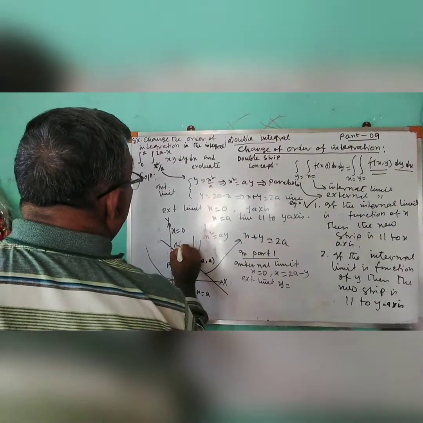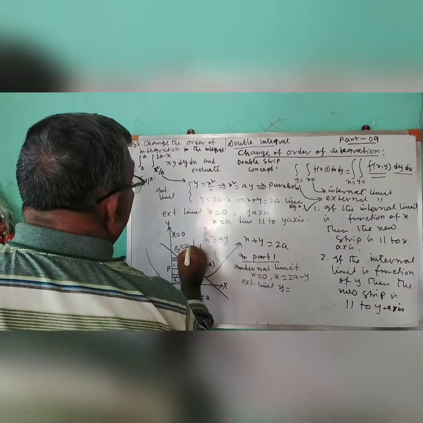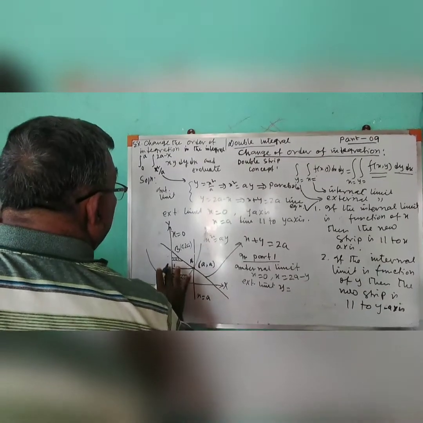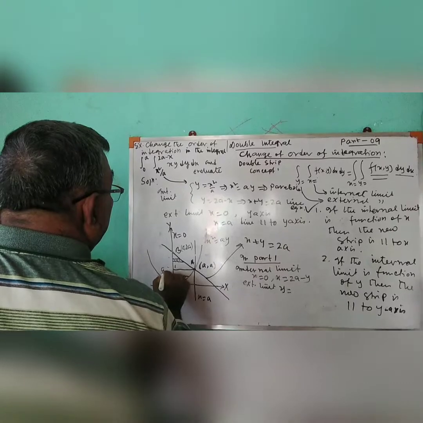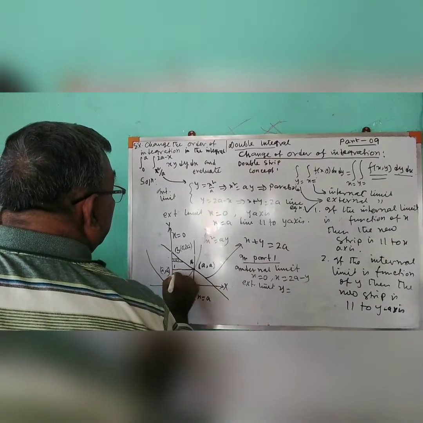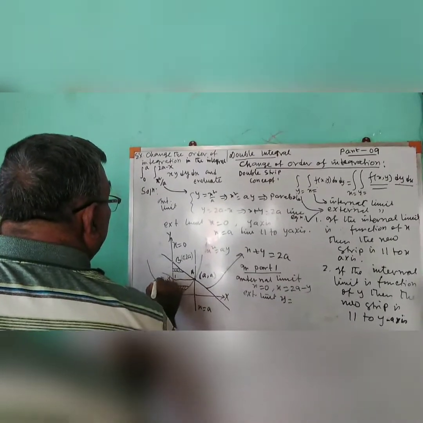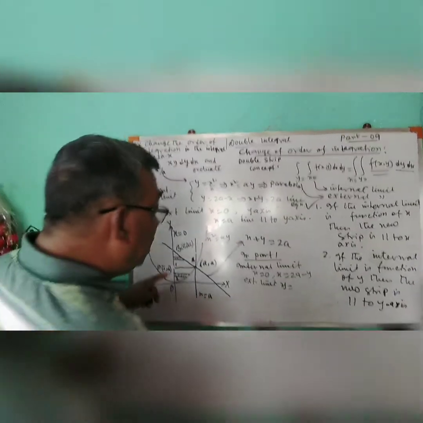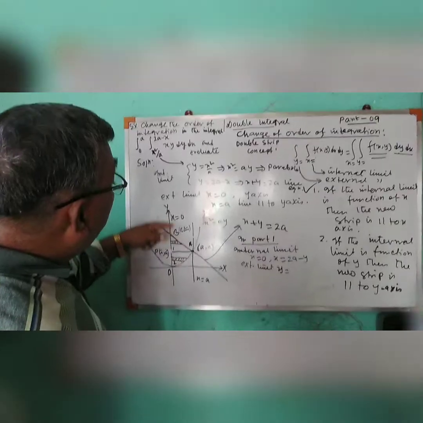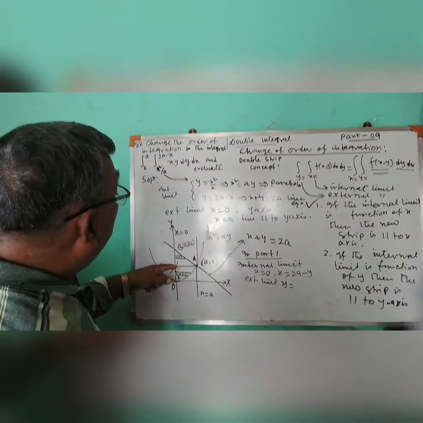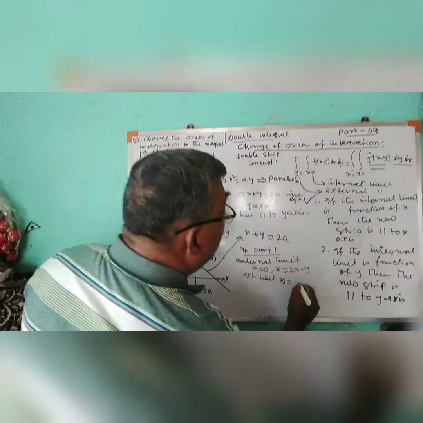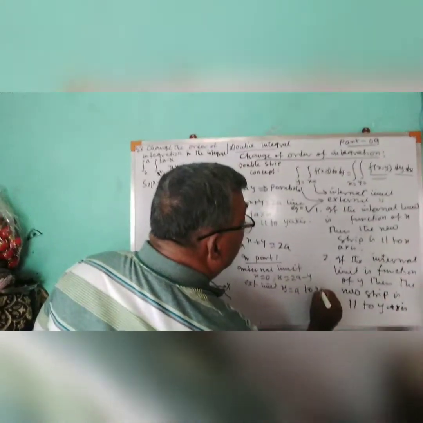This is (0, 2a). So P is actually (a, a). External limit: if we move the strip up and down, this is the lower limit and this is the upper limit, that is y equal to a to 2a.